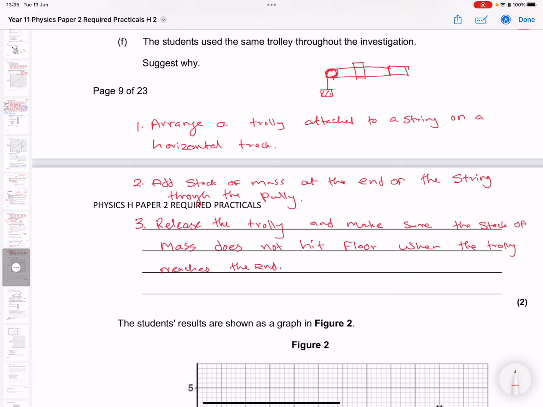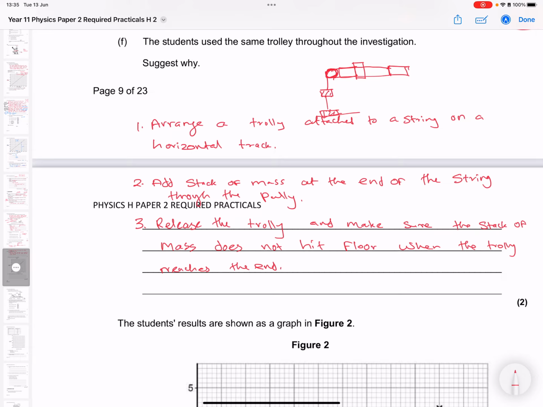So what you have to make sure, when the trolley reaches here, the stack of mass shouldn't be hitting the ground floor, otherwise it would affect the net force that is applied on here.